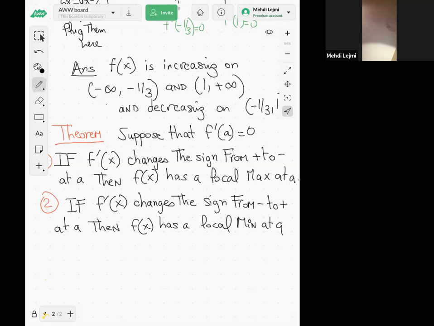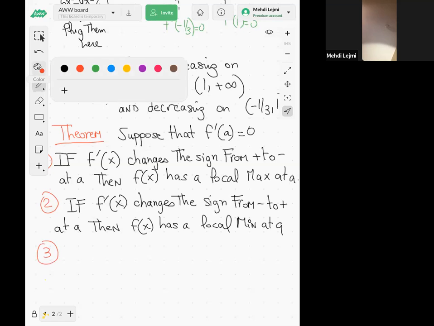And of course, the third case is when the f prime of x doesn't change the sign. So if it doesn't change the sign, then f of x has no local maximum or minimum at a.